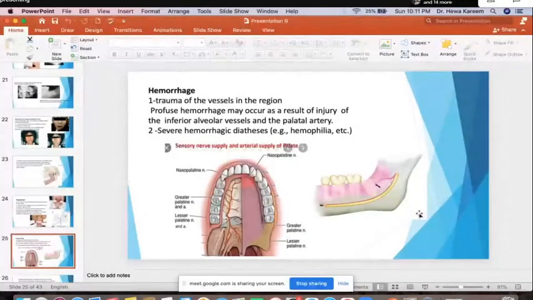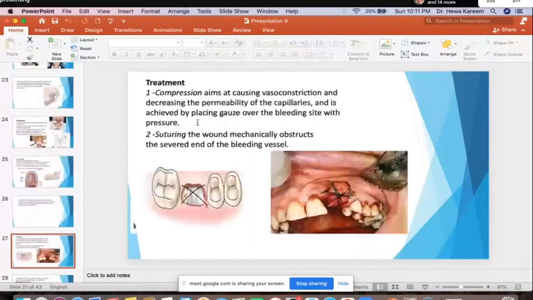Hemorrhage is also an important subject. Treatment of hemorrhage and bleeding: compressing, suturing the wound to mechanically obstruct the severed end of the blood vessel.